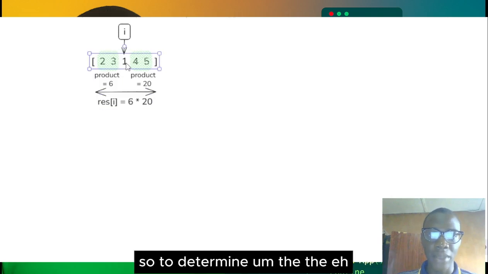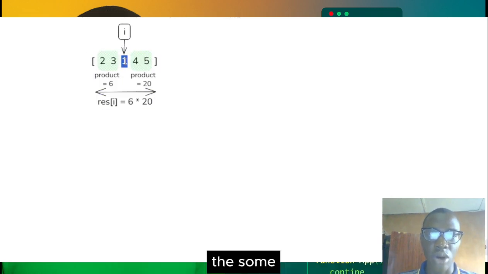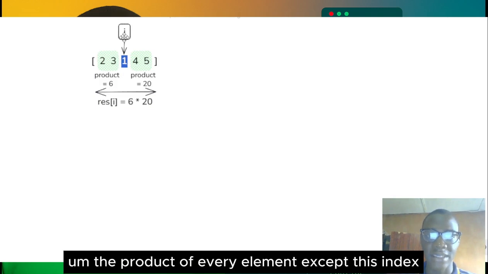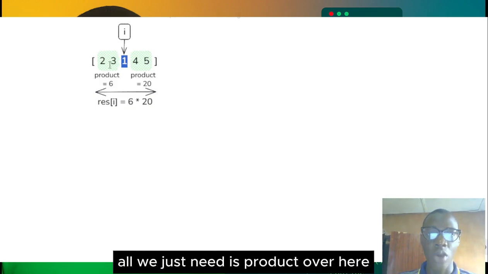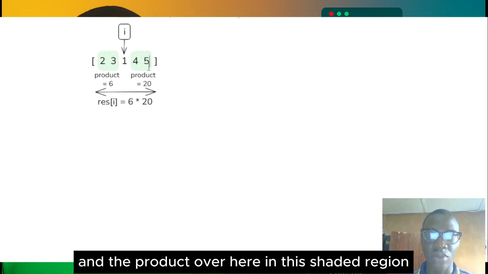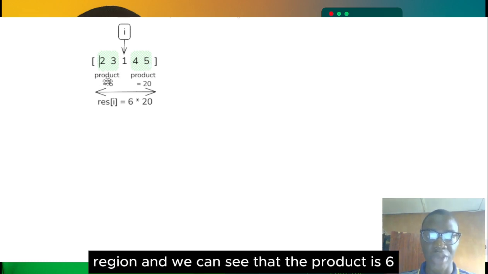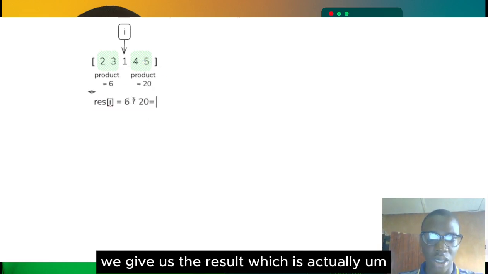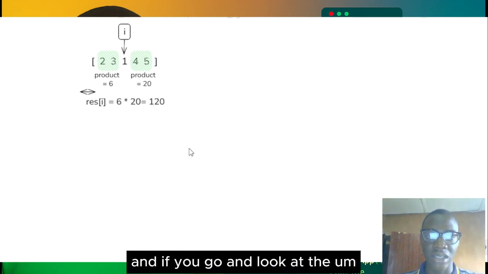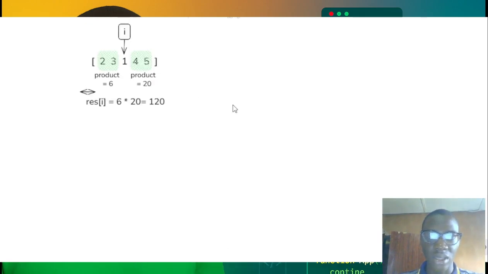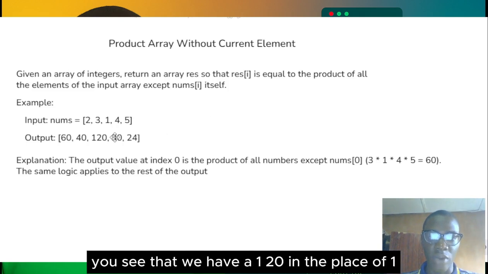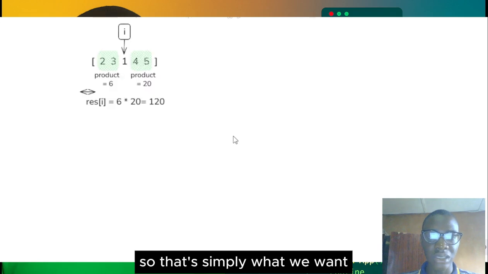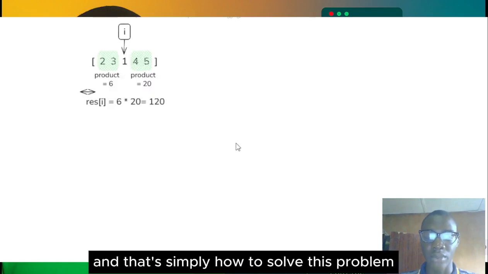To determine the product of every element except the value at this index, all we need is the product over here and the product over here in this shaded region. We can see that the product here is 6, the product here is 20, and 6 times 20 will give us 120. And if you look at the answer right here, you see that we have a 120 in the place of 1. So that's simply how to solve this problem.